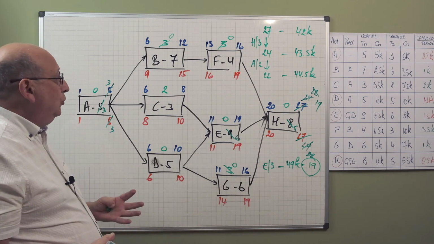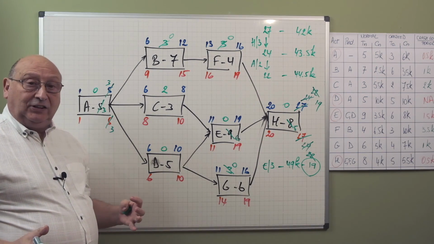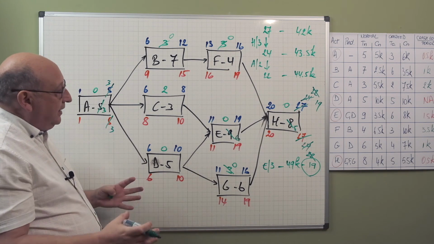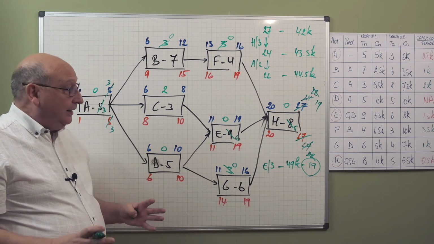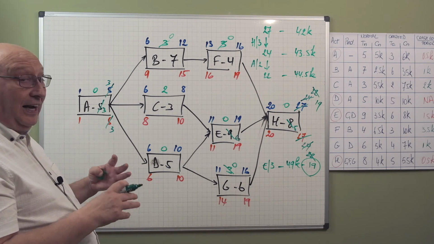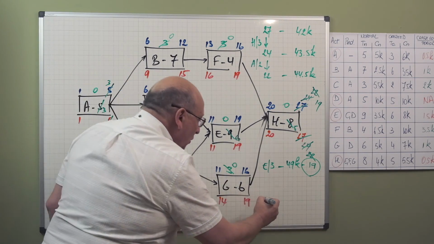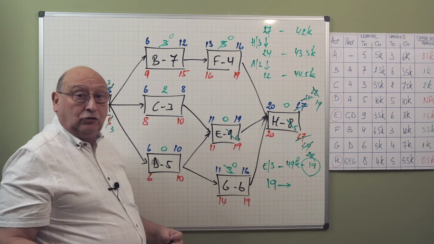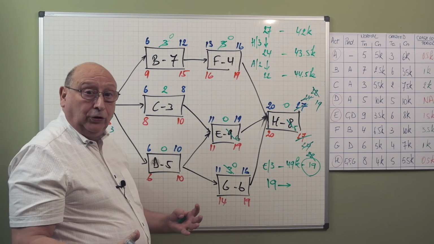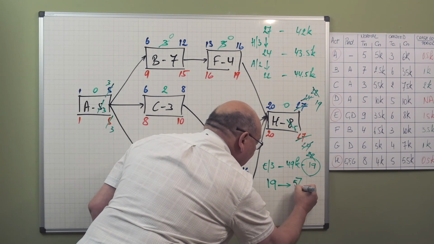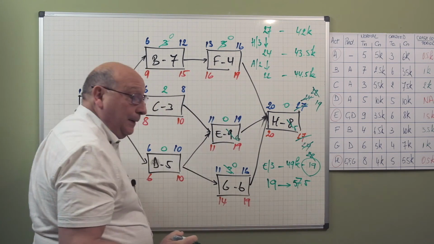Now, what we can do now, we can crash all the activities. We can calculate the diagram again, but we're not going to do that. It's not necessary because now we see when we crash all the activities, we find a time of 19 with a cost, when we add up all the crash cost of the activities, of 57.5K.